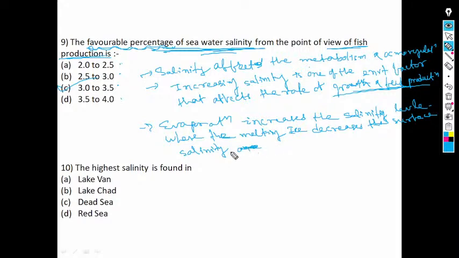So wherever the ice melts, that decreases your salinity level. This is the thing. Next we will see.